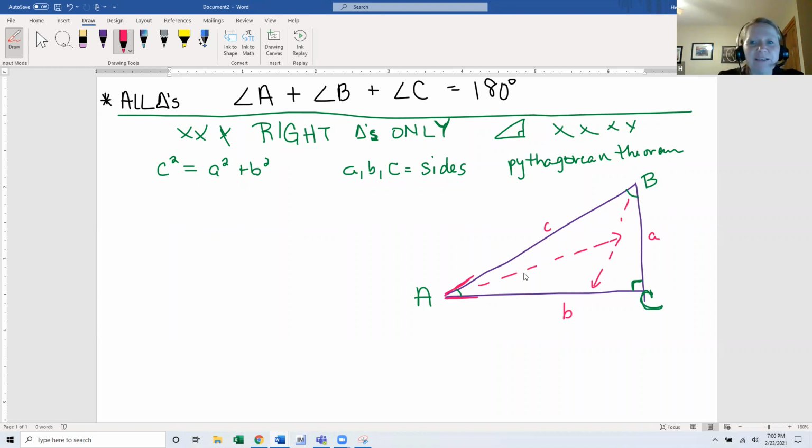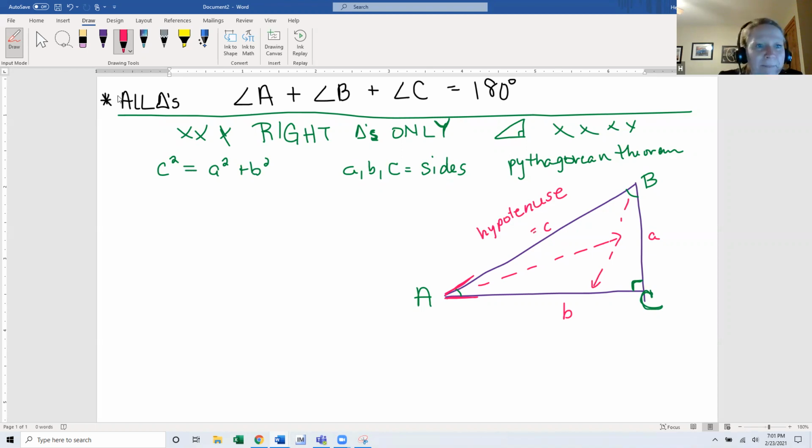Now, the side across from the 90 is a special side. The side that's across from the 90, which we've called little c here, is also called the hypotenuse. The hypotenuse is always across from the 90, and it's always the longest side. All right, so c is the hypotenuse.